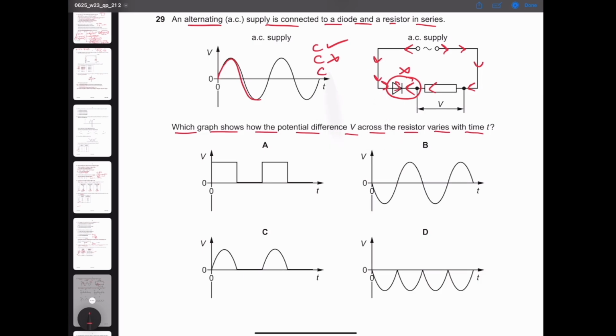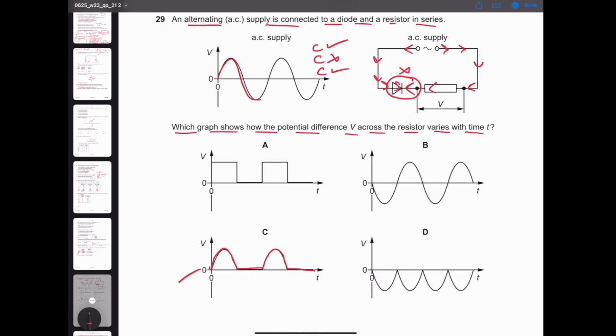So we have to pick a graph where there is a value of current or voltage, then it goes to 0, then in the next cycle some value, then in the next cycle goes to 0. Answer looks like C. Voltage increasing, then after the next cycle goes to 0. Then voltage increasing, after the next cycle goes to 0.